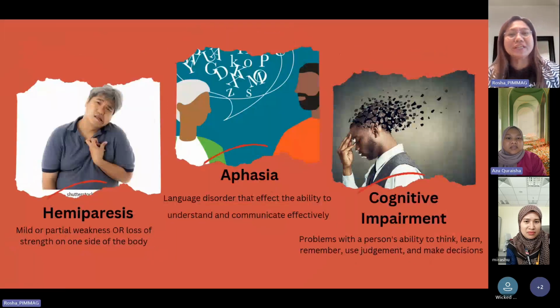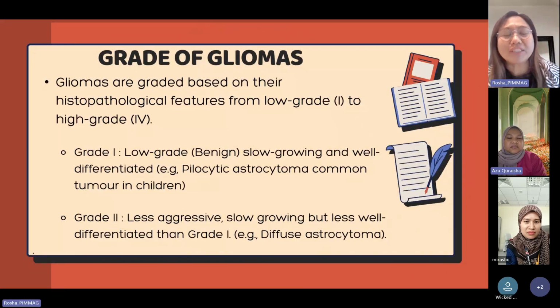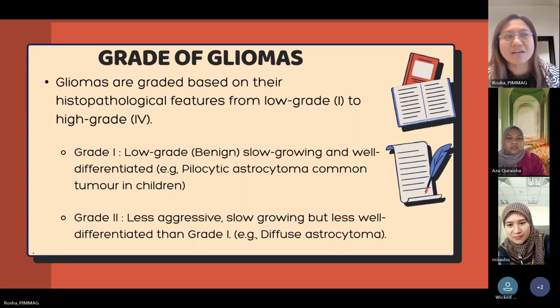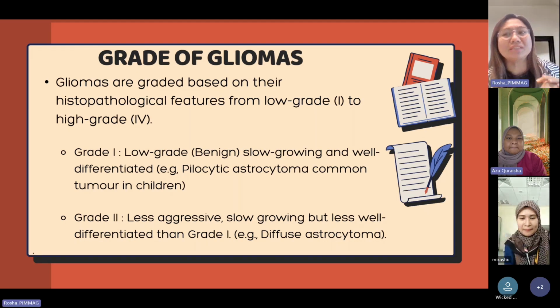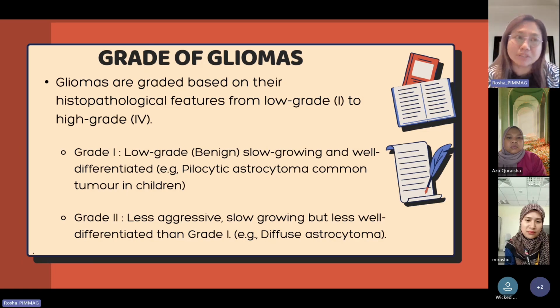Thank you for your question. So the risk factors for the development of glioma: while the exact cause of gliomas is unknown, several risk factors can be added. One is age, as gliomas are most common in adults.